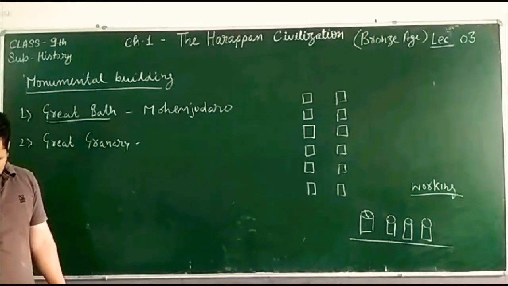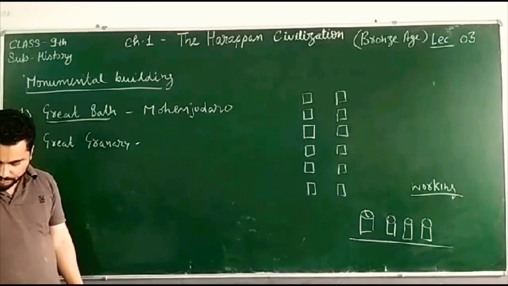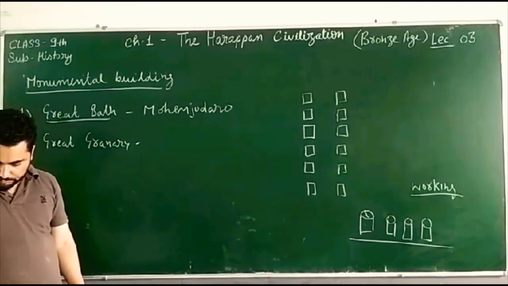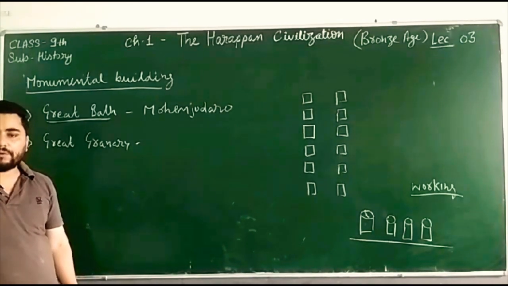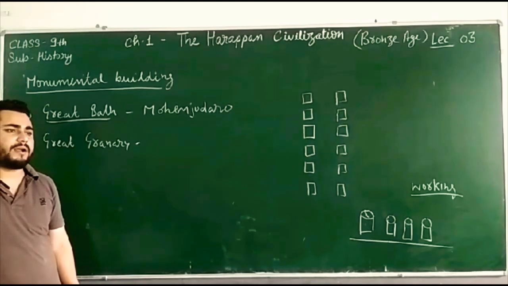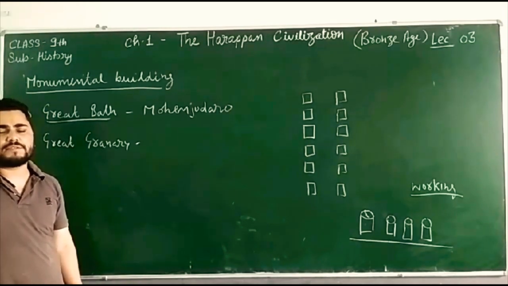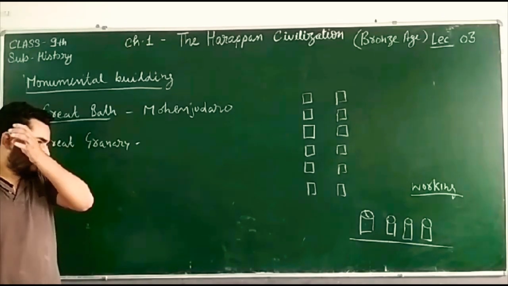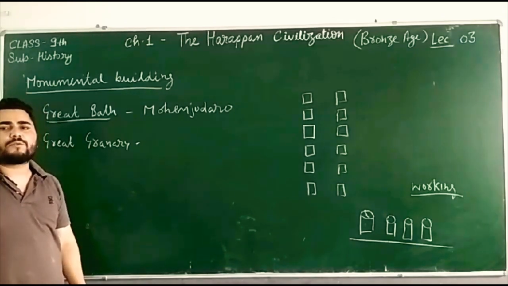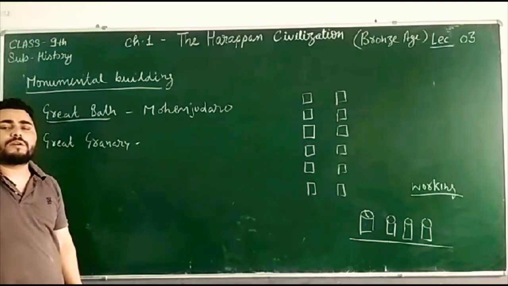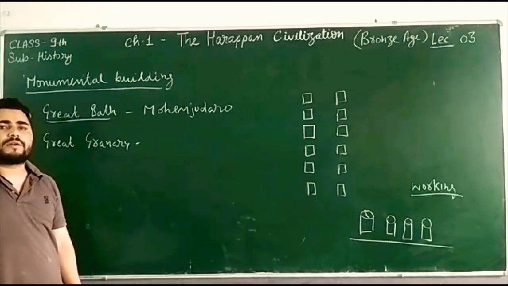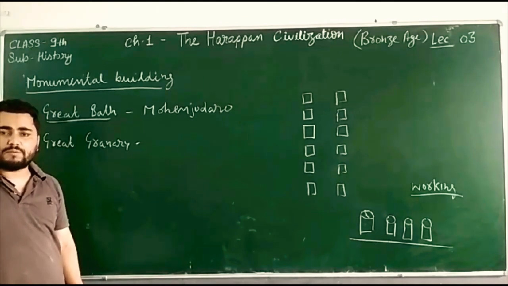Then we have also studied about the houses. We have studied that multi-storied houses existed during Indus Valley Civilization. Some houses were a single room flat, and some houses had 12 rooms, and even their own private well and toilets, and the granaries downside.